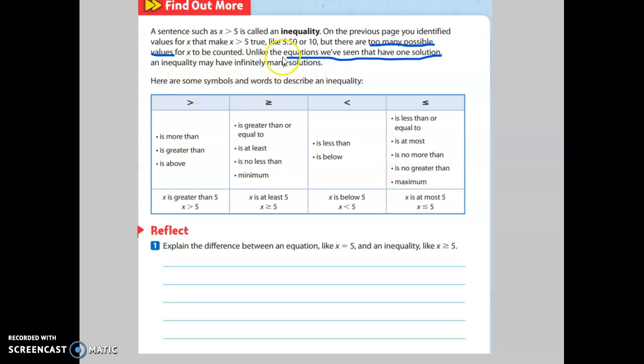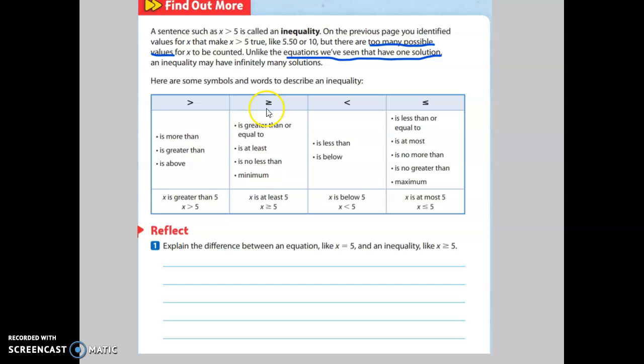So what this is basically saying is that equations only have one solution, one possible answer. Inequalities have many, sometimes an infinite amount of solutions. Okay, so that's how they're different. So it shows you what each of the symbols is and how they're worded usually when we're talking about them. So greater than, more than, above, x is greater than 5 would look like this.